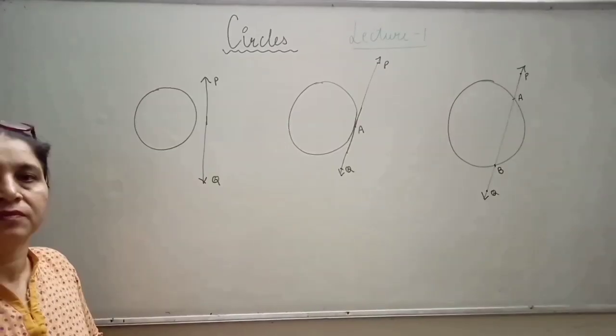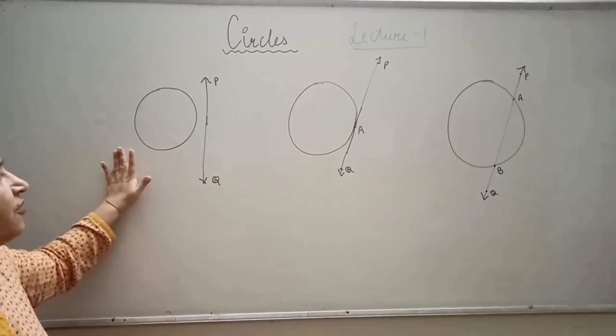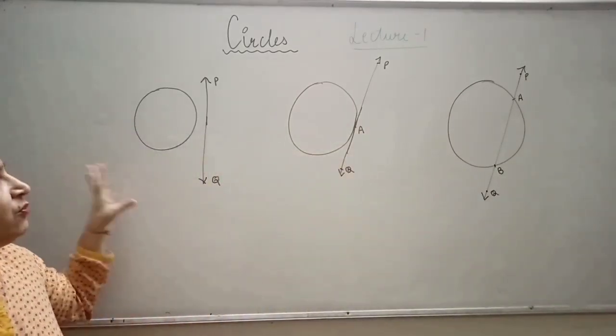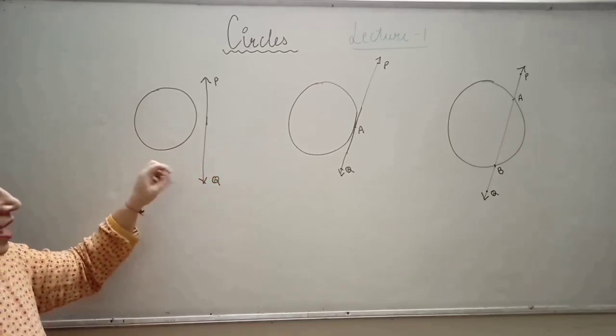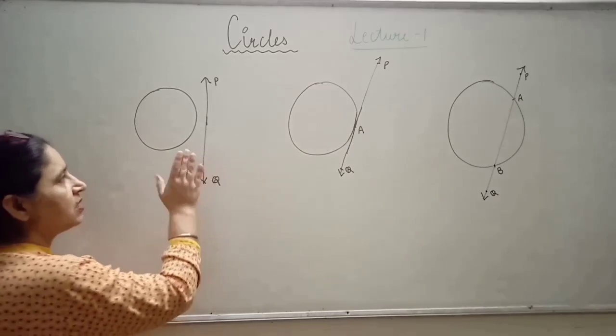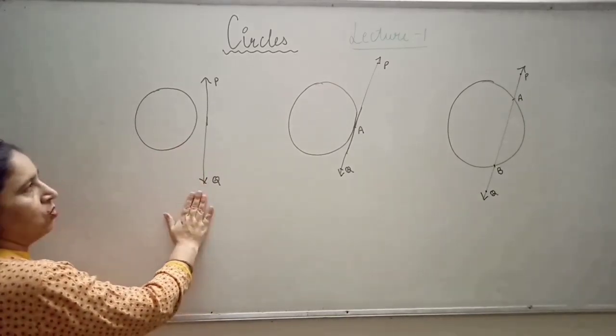Okay. Students, you can see I have drawn 3 circles here, and in each of these circles there is one line. What is the type of this line called?